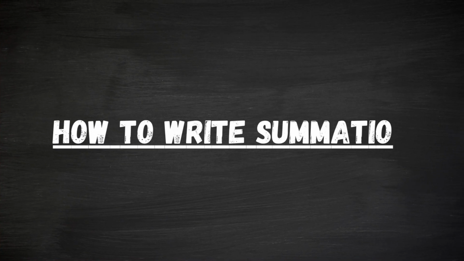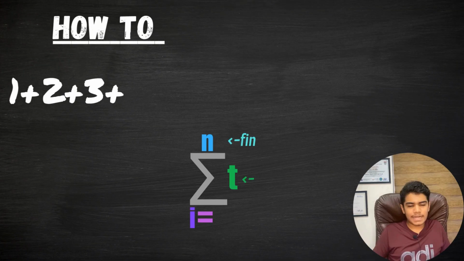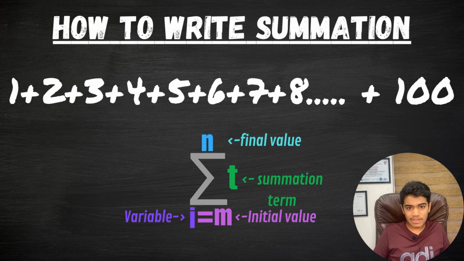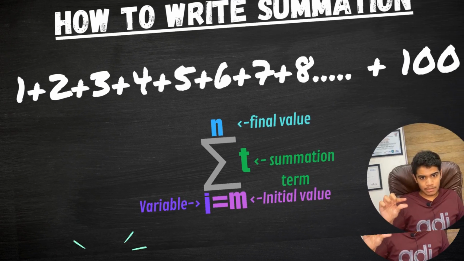Now let's learn how to write summations. For example, we will use the same sum: 1 plus 2 plus 3 plus 4 plus 5 plus 6 plus 7 plus 8 all the way to 100. Over here, we are going to use this kind of format. First, we write our initial value m below.